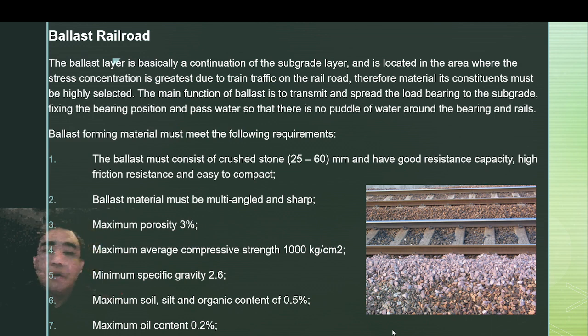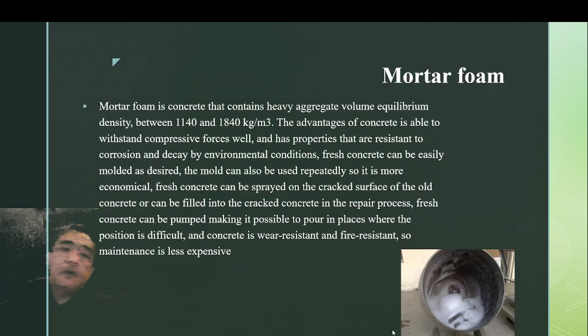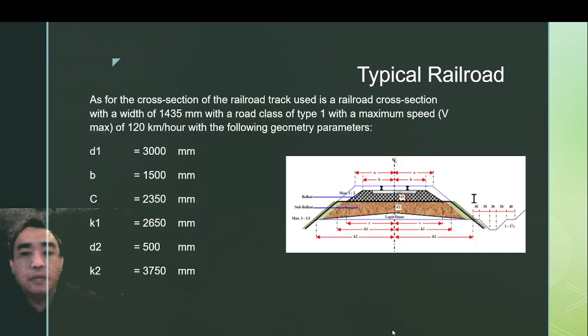We get it from the railroad standard of Indonesia, maximum average compressive strength 1000 kg per square centimeter. And for mortar foam we use Q 2000 kPa, and sub-ballast using 800 kPa. This is a typical railroad.